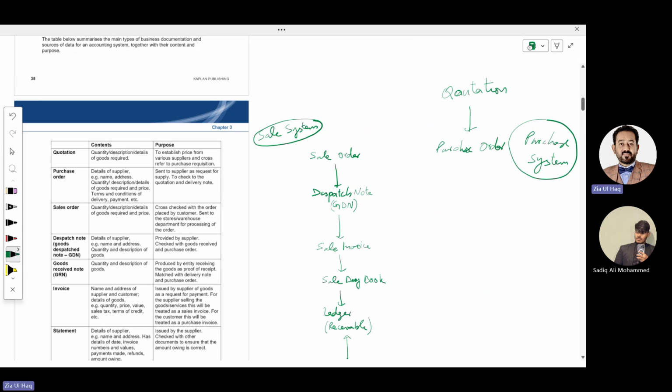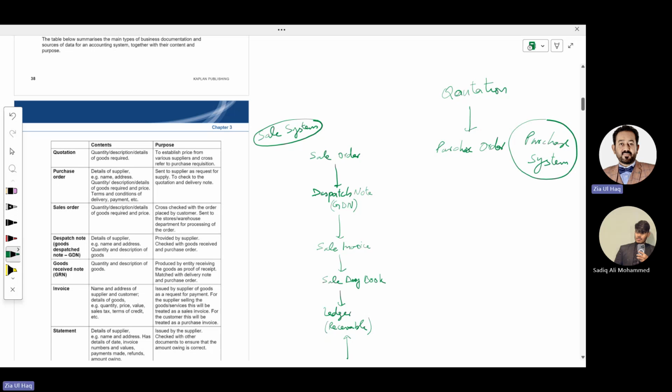And they will state at what amount they will sell this product. By receiving different quotations from different suppliers, the company can decide which supplier is providing the goods or the asset at a lower amount and high quality. So the company will place the order with that supplier. And those quotations the company keeps in record so that anybody can check whether you have performed this process or not.